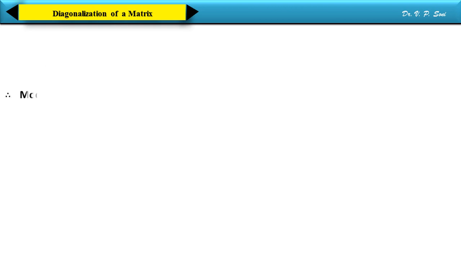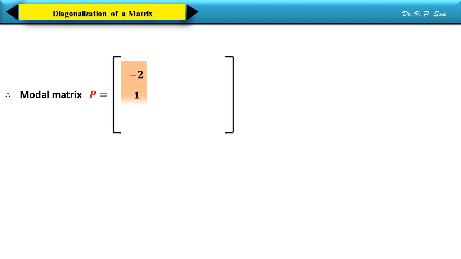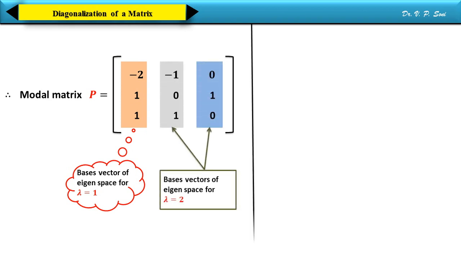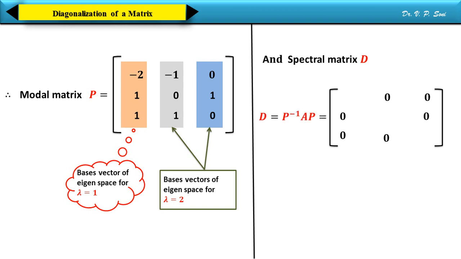For the model matrix P, whose first column is the basis vector of the eigenspace for lambda equal to 1, second and third columns are the basis vectors of the eigenspace for lambda equal to 2, and the spectral matrix D equal to P inverse AP is the diagonal matrix. The diagonal entries are 1, 2 and 2. They are the eigenvalues of the matrix A.